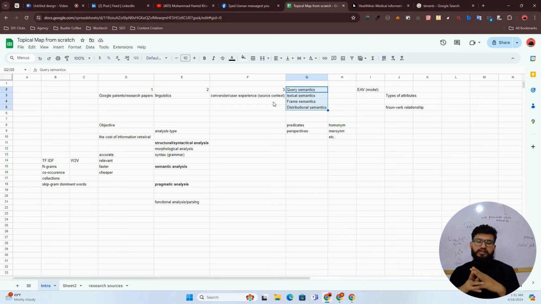But I believe these four are very important here. Query semantics is basically focused on understanding queries and their definitions, understanding how queries are connected with each other, and how users are searching for information on Google around that particular subject.